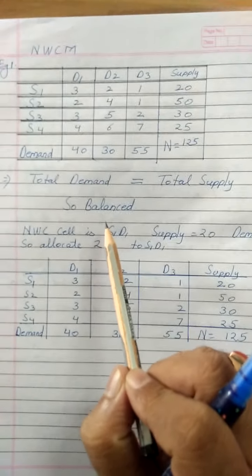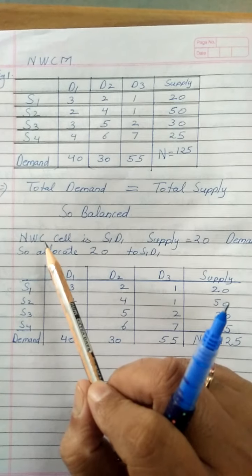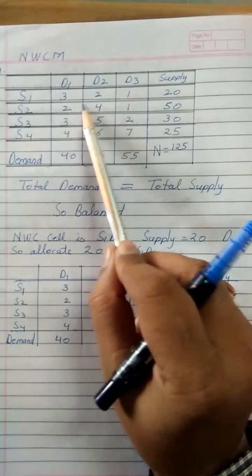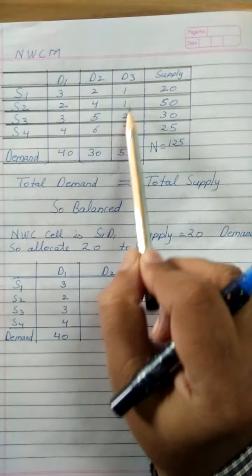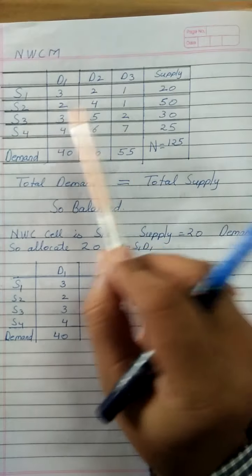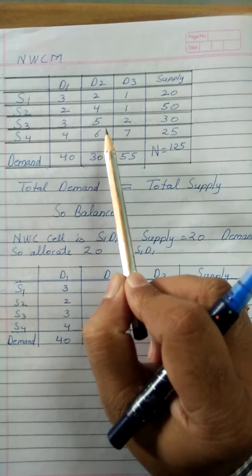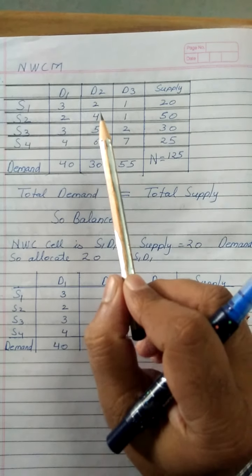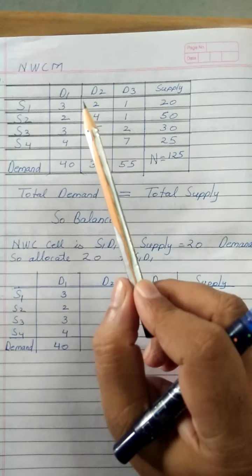Now for the feasible solution we have selected the northwest corner method, that is NWCM. Now here we need to allocate some units out of this 20, 50, this 40 to these particular cells. Now there are about 3, 6, 9, 12 cells. Now how to allocate, from where to start, that is the question, and that is the reason this method is called the northwest corner method.